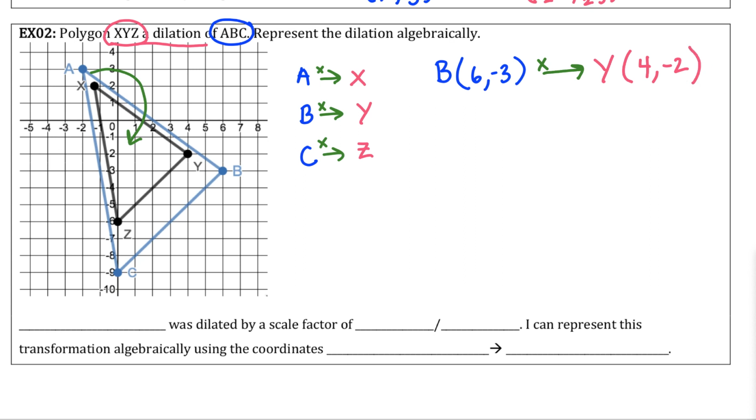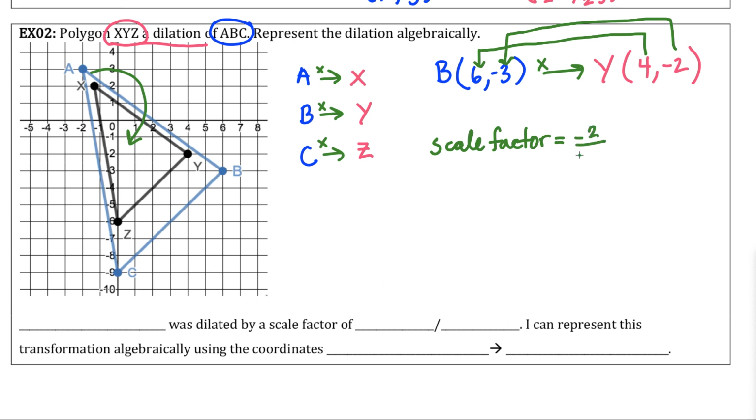So all I have to do to find my scale factor, remember, my scale factor is the number I multiply by, is either 4 over 6 or -2 over -3. I'm going to do -2 over -3. We know a negative over negative is a positive. And we can't reduce this anymore, so we're done.